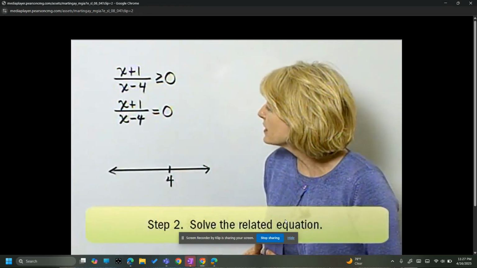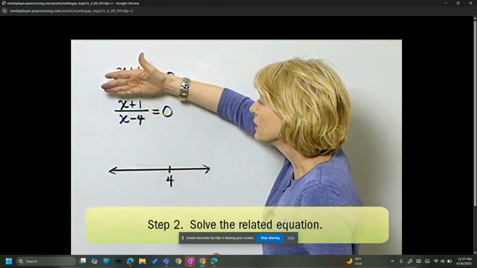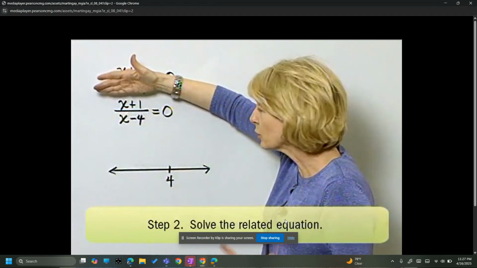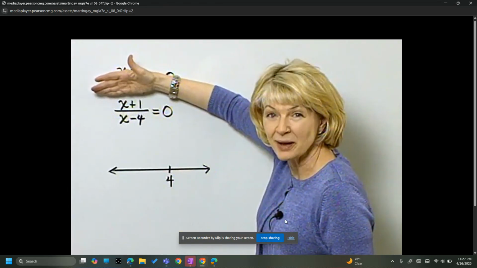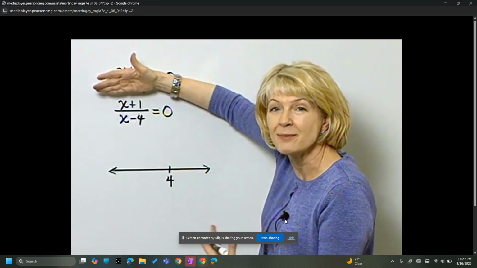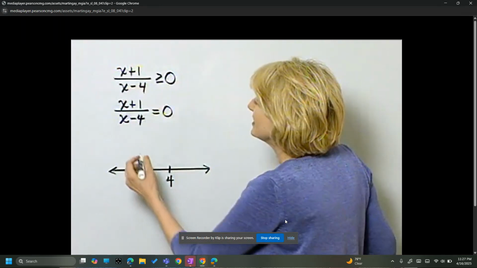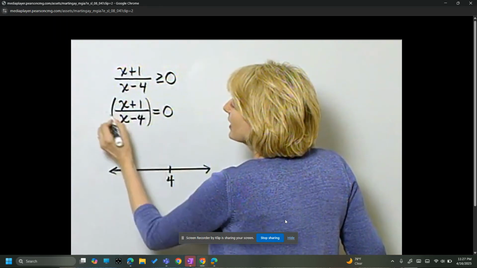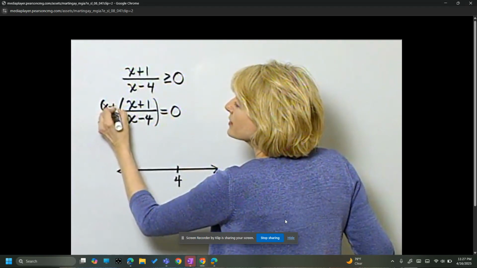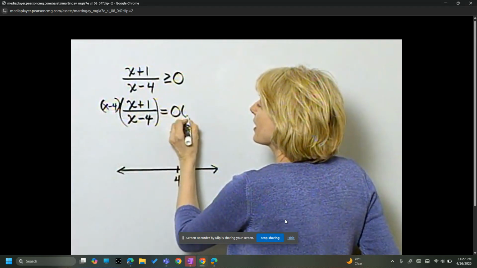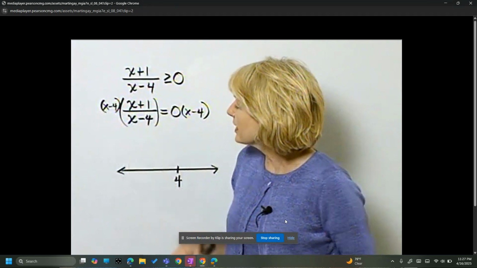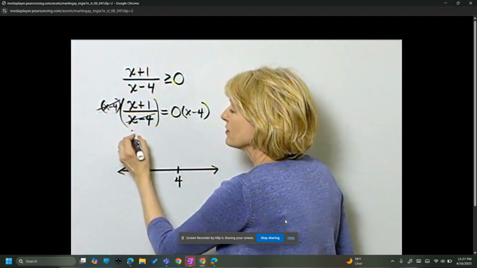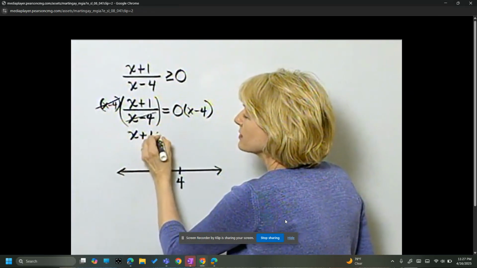So how do we solve this equation? Well, we notice it's an equation with rational expressions. The LCD is x minus 4, and we multiply both sides by the LCD. So the left side by x minus 4, and the right side by x minus 4. Notice on the left side, the x minus 4's divide out, and I have x plus 1.